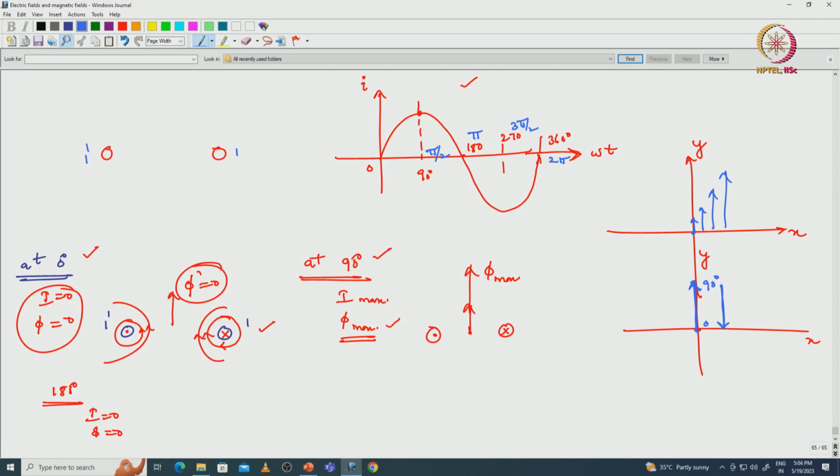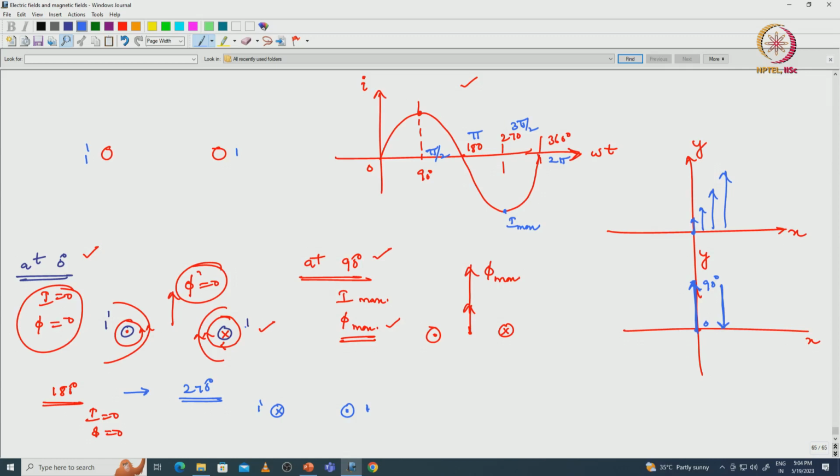Okay, and then from 180 to 270 degrees, at 270 degrees what is happening? Current is maximum in the other direction, that means current in a coil is reversed, this side cross and this side dot, this is 1 and 1 dash. Earlier 1 was getting cross and 1 dash was getting dot, now 1 is getting dot and 1 dash is getting cross.